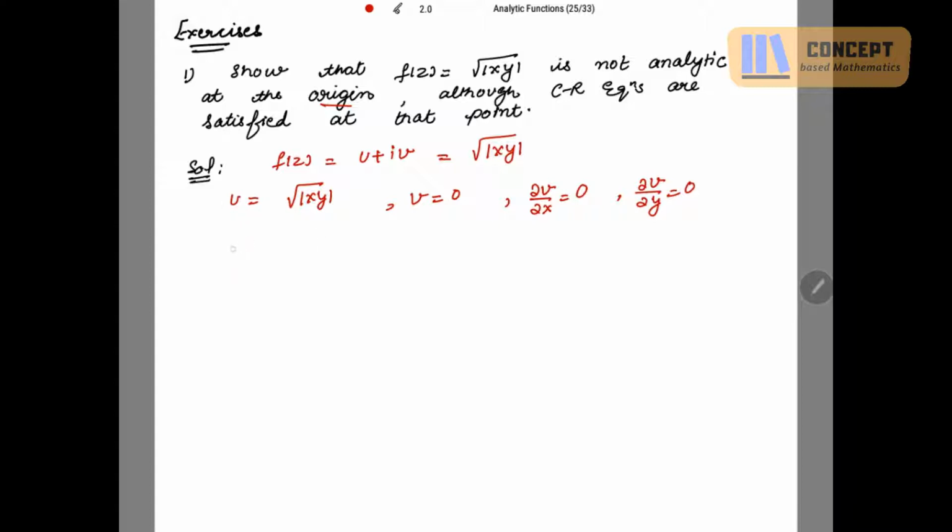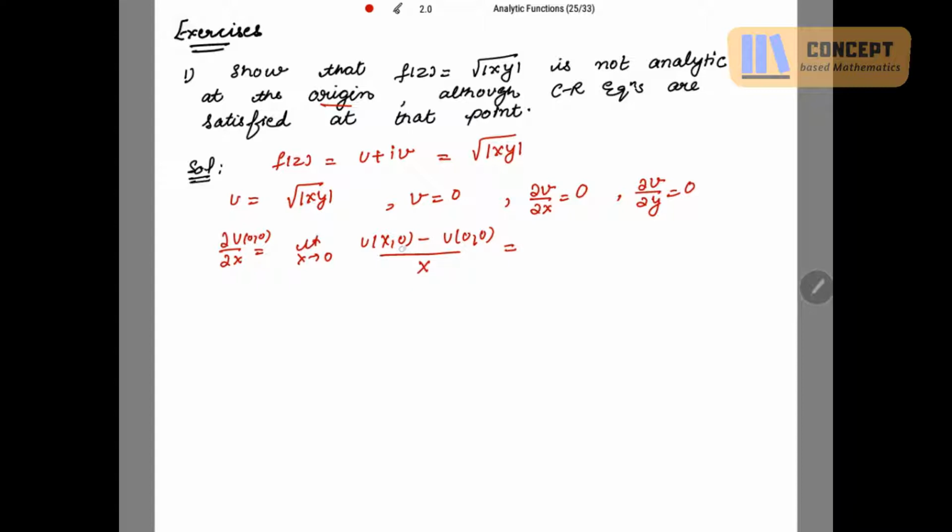u is this. What is ∂u/∂x at the origin? This is equal to limit x tends to 0 of u(x,0) minus u(0,0) over x.